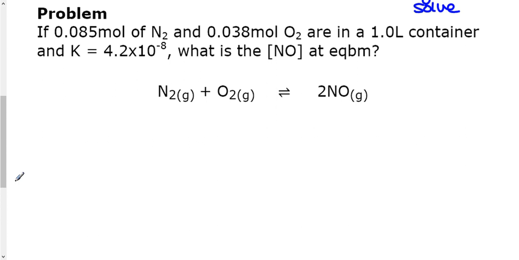So the first clue here that you might see is that this is a small value, 4.2 times 10 to the negative 8. So anytime you see a small K value, whether it's these types of problems or others we'll see later, you should think approximation method is something I'm going to check.